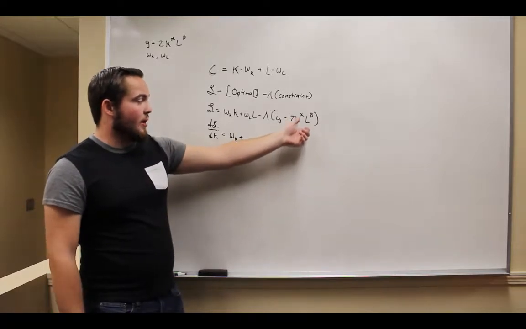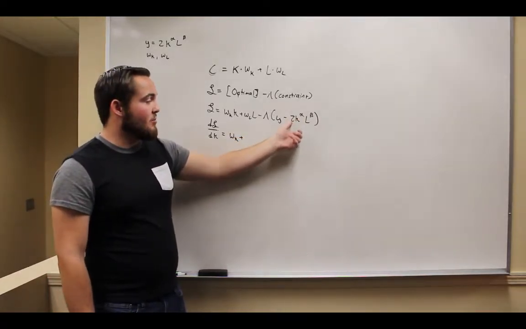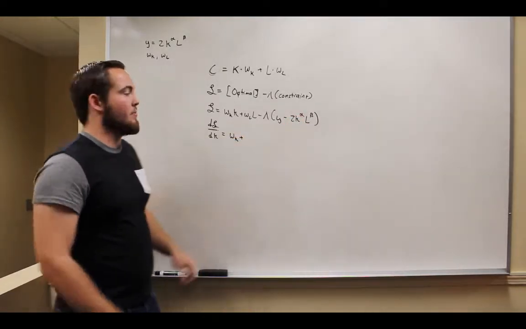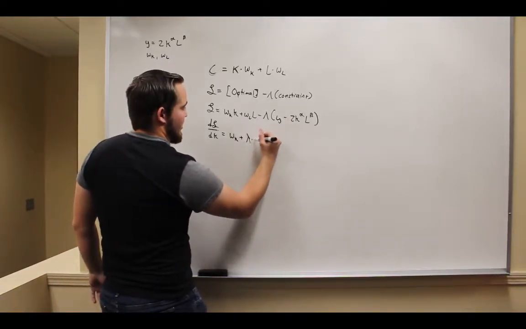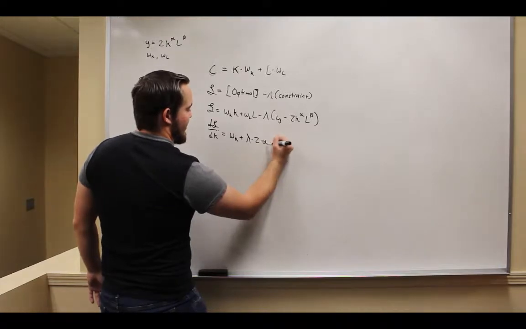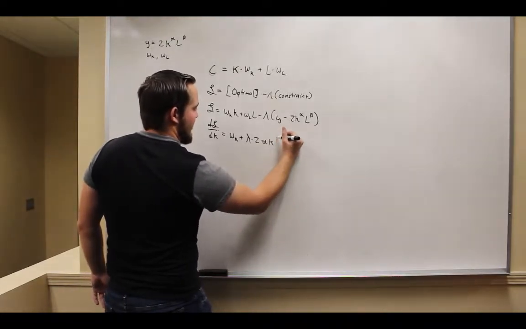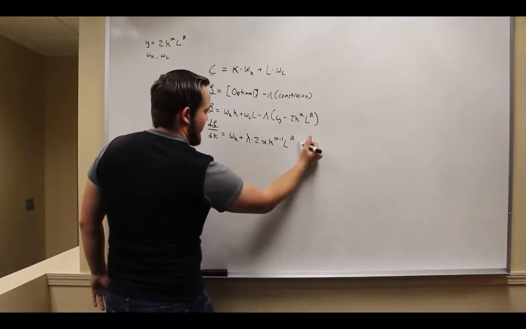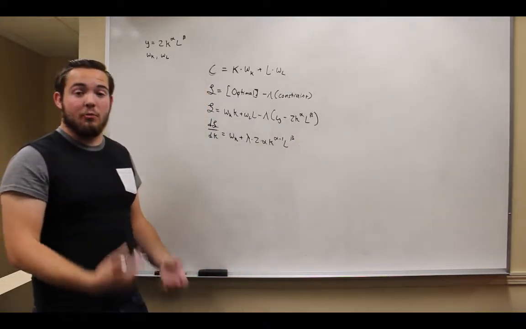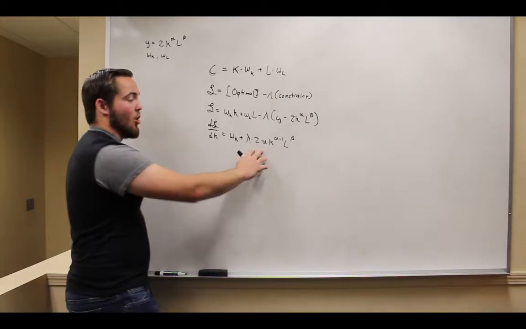And so what happens with the K, remember the power rule, the alpha comes down, this becomes alpha minus 1. So we have our plus lambda times 2 times alpha, and then K to the alpha minus 1, L to the beta. And remember, since it's our first order condition, we're doing an optimization, this has to all be equal to 0.